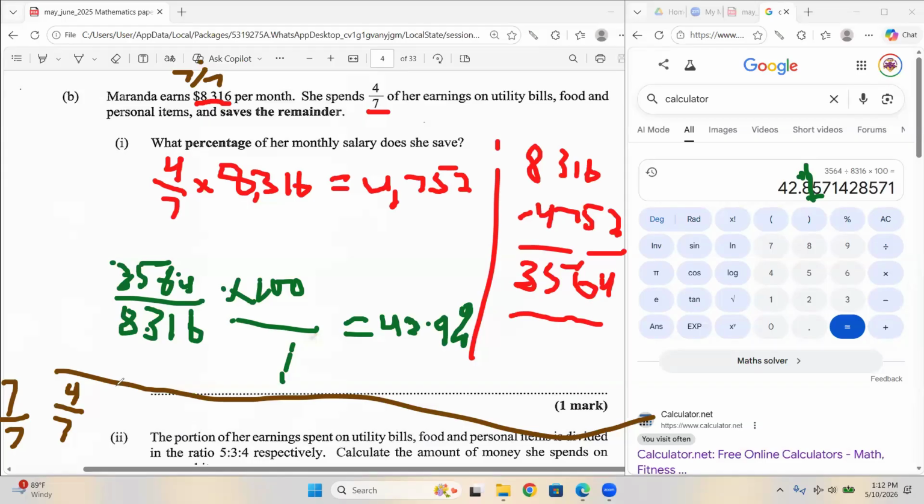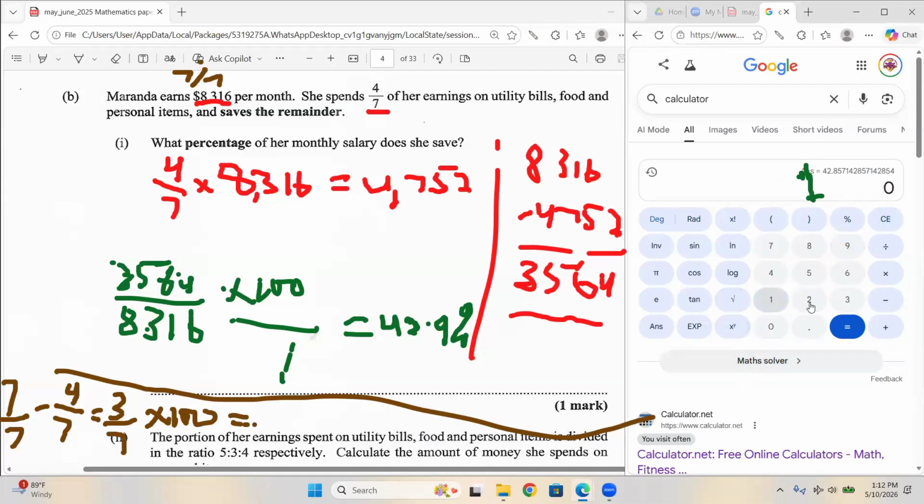you have to put the same number over the same number. And then when we take it away, 7 take away 4 is 3, because when you're taking away fractions with the same denominator, it would be 3/7. And then we can multiply this by 100 as well. This would have been faster for sure.